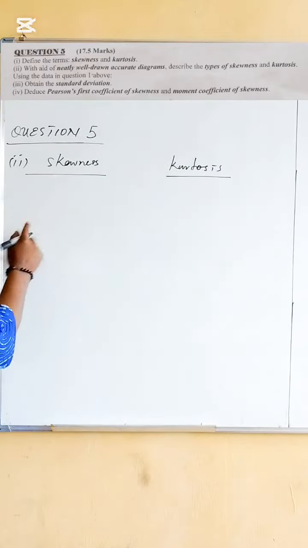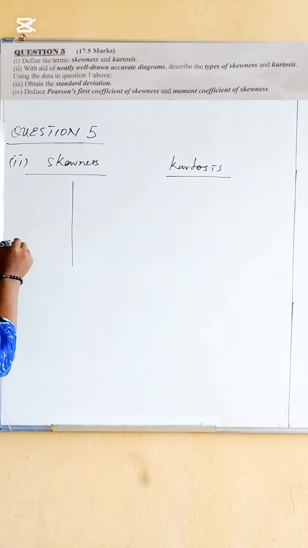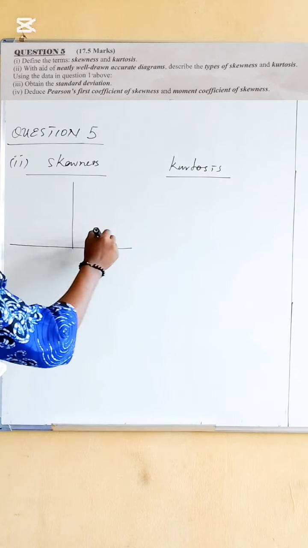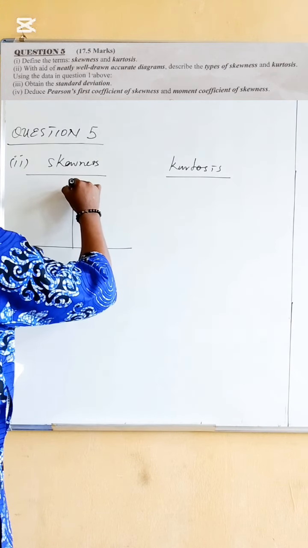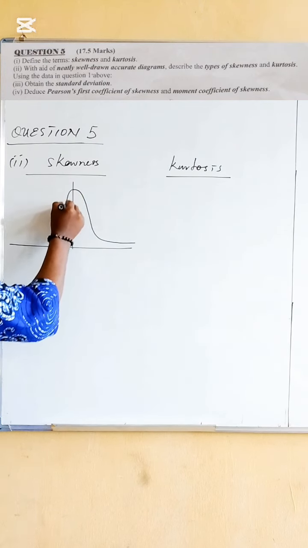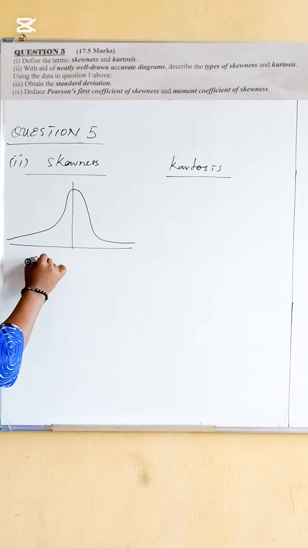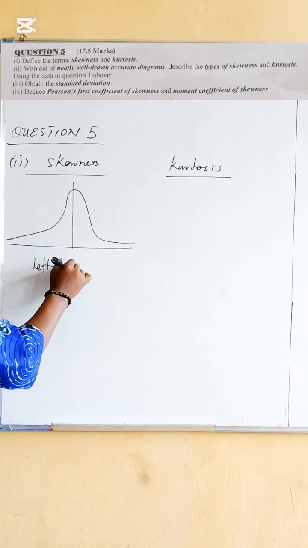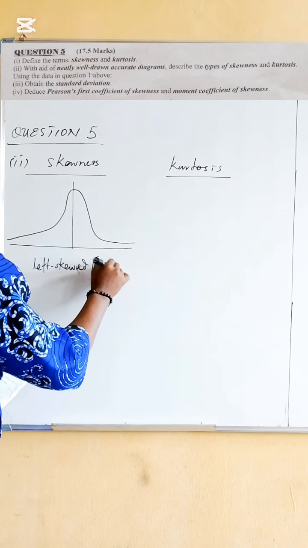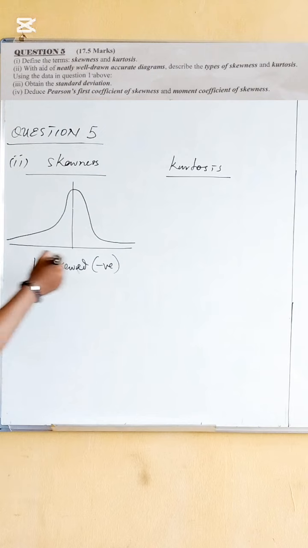Okay, so if a distribution is skewed, then we could have it as being left skewed, in which case you would have something like this. There will be symmetry on one side, and on the other side you have a long tail. So this will be called left skewed or negative skewness, okay, because the tail is to the left.